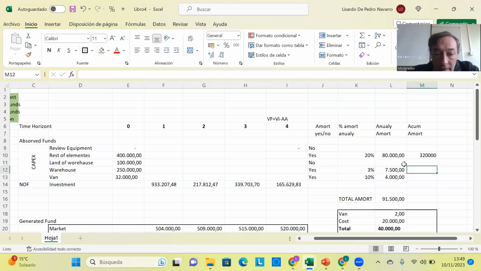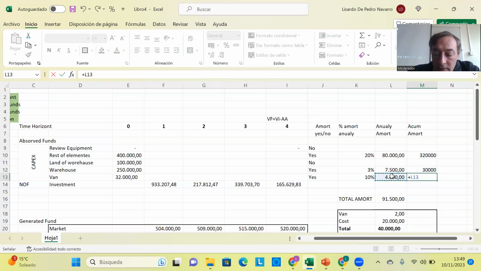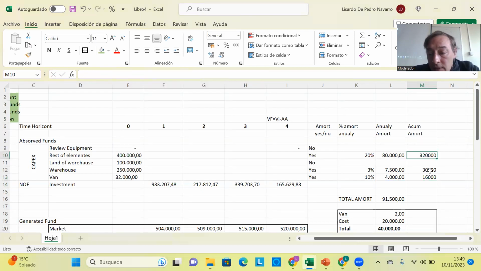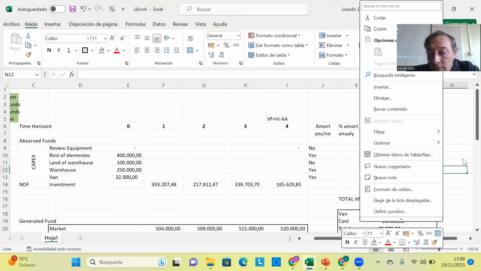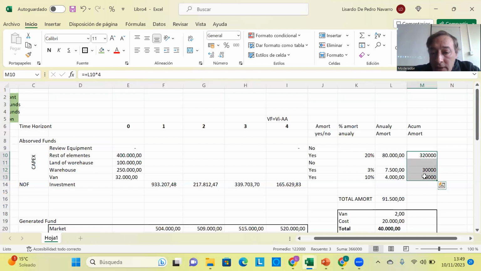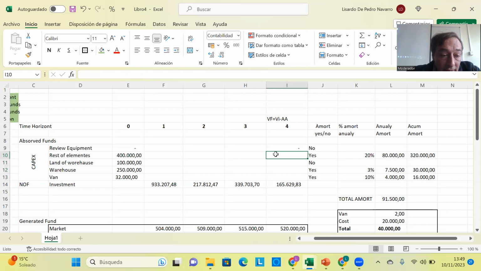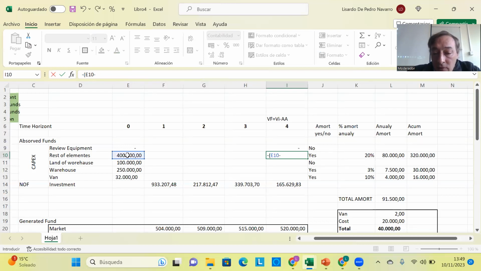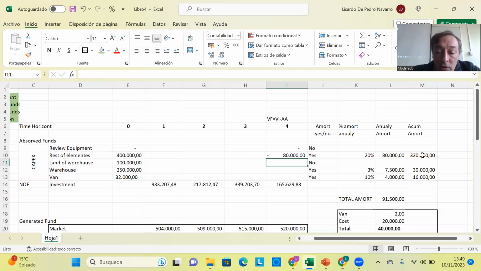The same for the warehouse, that one for 4 years, and the same for the vans, for 4 years. So here we have the figures for the accumulated amortization that we have to make. So the final values for the rest is going to be the original value less the amortization during this period. It's going to be less 80,000 euros.